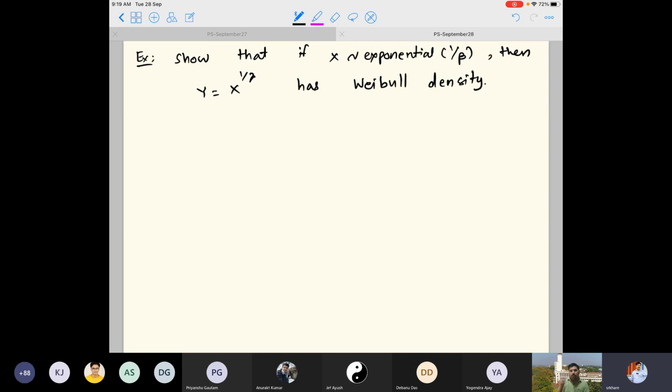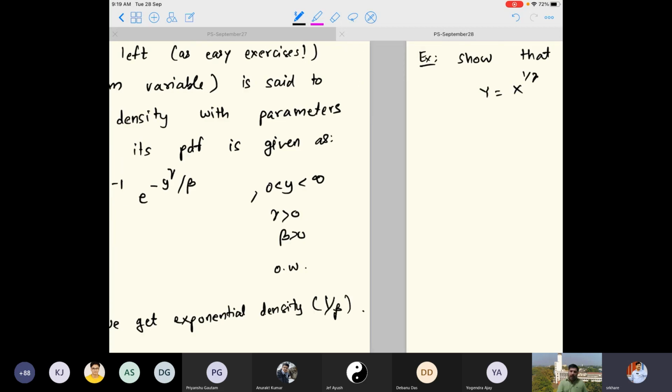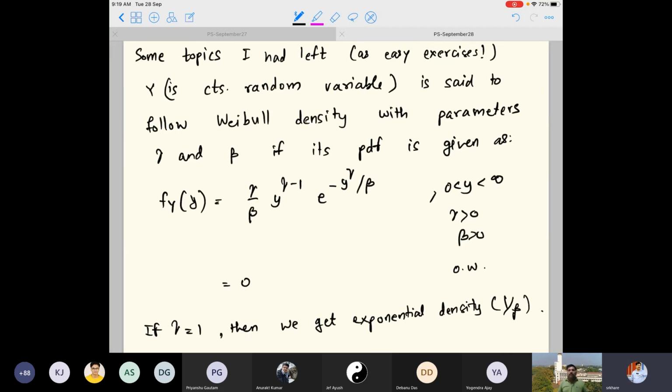And how will you work it out? You know how to work with transformations, right? So you work with transformations, and you see this is the result that you will get. So gamma y to the power gamma minus 1. So this term that you see here.